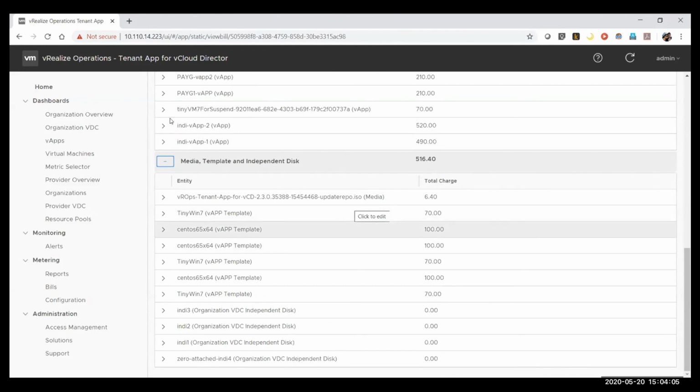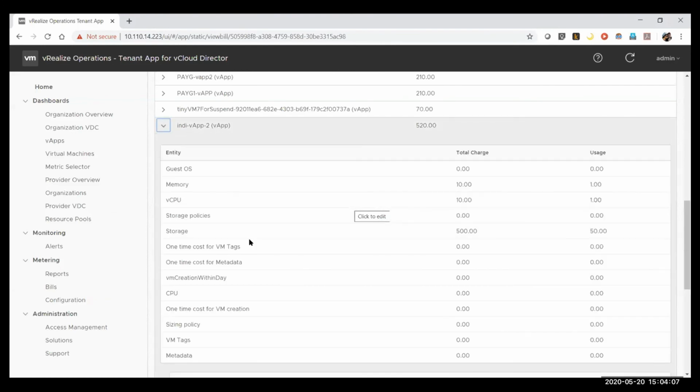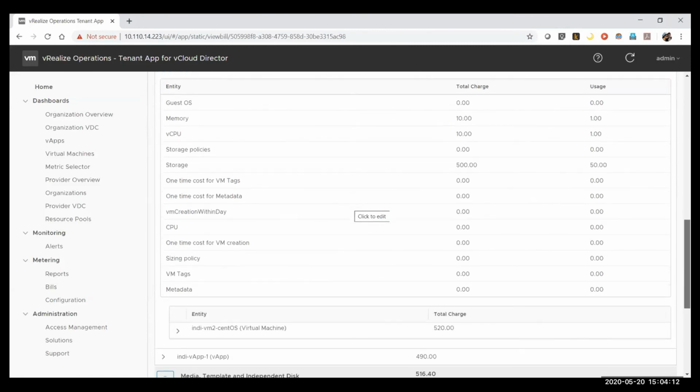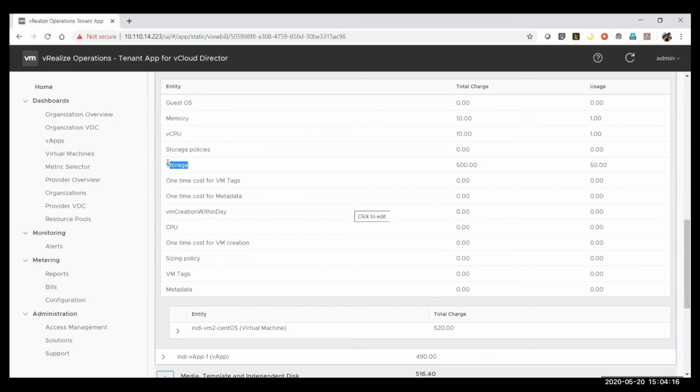You can potentially go into individual VApps and get this level of detail, which says what is the charge for CPU, memory, cost coming from storage, one-time costs, VM creation, so the one-time setup fees, the cost due to sizing policies, the costs due to metadata. All of these splits are available within the bill.